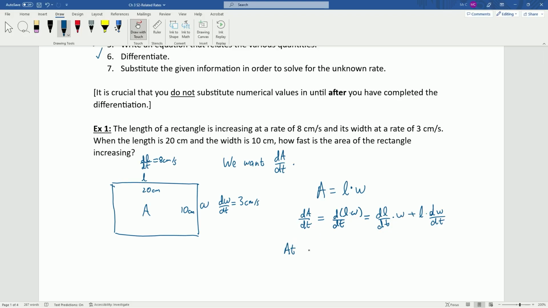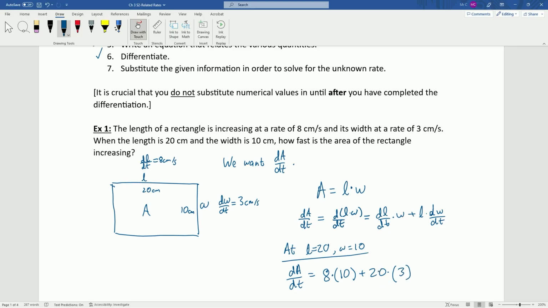So now we're going to take it at L equals 20 and W equals 10. So at that particular moment in time, dA/dt is going to be dL/dt, that's 8, times W, which is 10, plus L, which is 20, times dW/dt, which is 3.